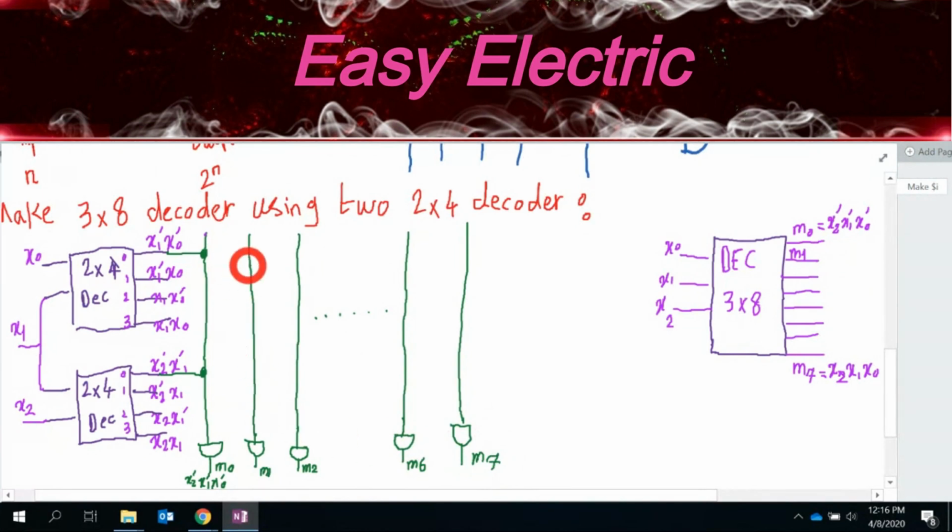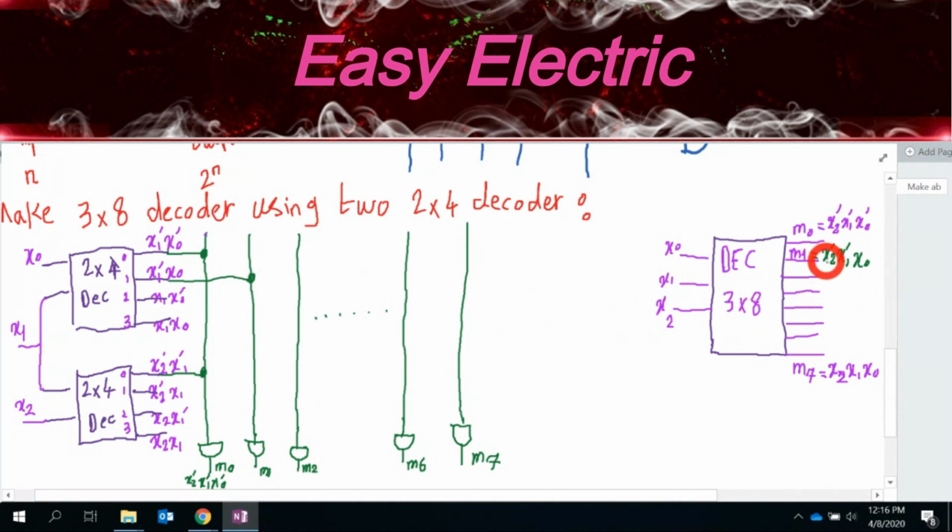So help me. I want to actually make M1. Which of these should be connected to this line? What should be the first connection? So you need to check M1. In this decoder, M1 is what? M1 is X2 prime, X1 prime, X0. This is M1, right? So that means you need X0, X1 prime, which is this. I connect this to this.